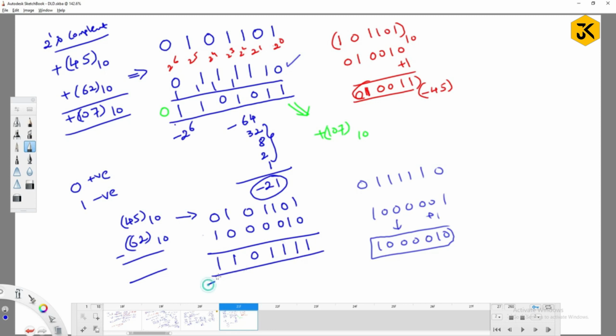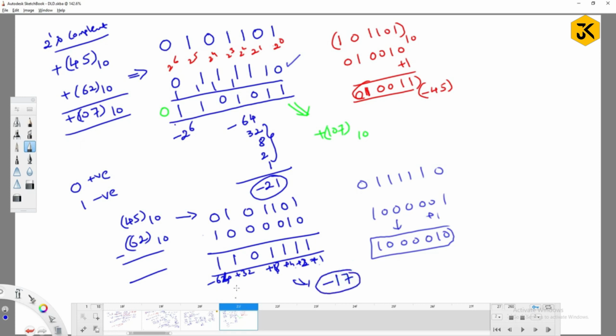This is minus 62 and plus 32 plus 8 plus 4 plus 2 plus 1. Try to calculate 47. If you remove the 47 from 62, what is the value? This is 64, right? What is the result you are going to get? Minus 17.